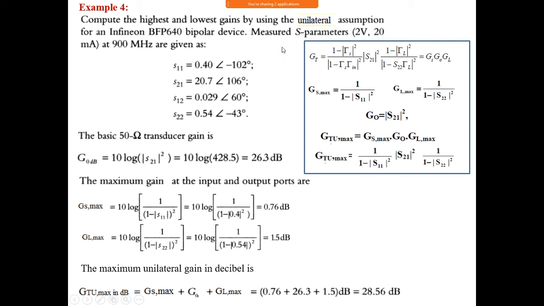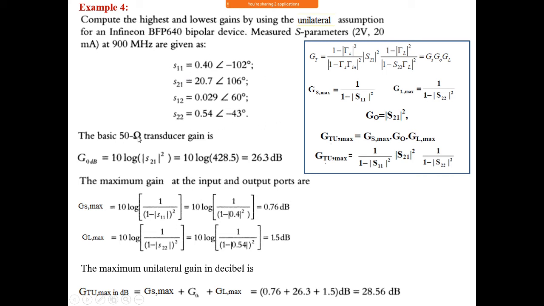Measured S parameters at 900 megahertz are given as follows. So a transistor is there, and it has these S parameters at 900 megahertz. Compute the highest and lowest gains using the unilateral assumption. That is the question, and the S matrix of the device is given.